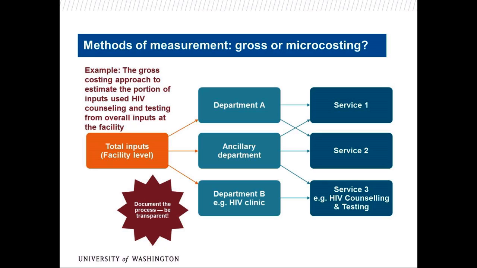Is micro-costing considered more rigorous because it's prospective? Micro-costing could be retrospective, believe it or not. It is more rigorous because you have to understand the quantity of resources, meaning you don't just get the expenditure data. No matter what, you have to interview people to understand how to allocate resources. In reality, we do a mix of gross and micro-costing.